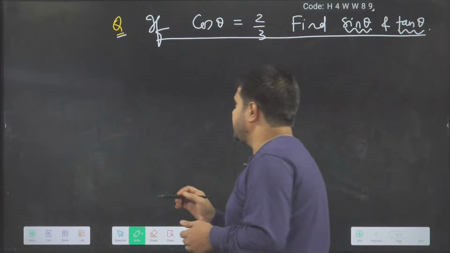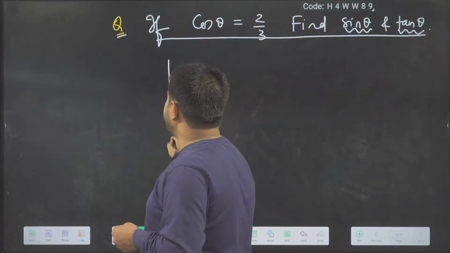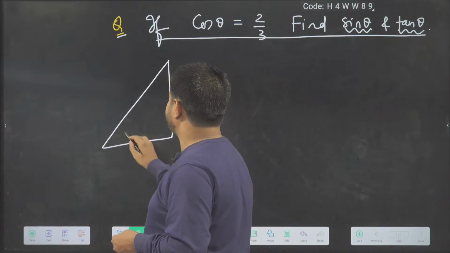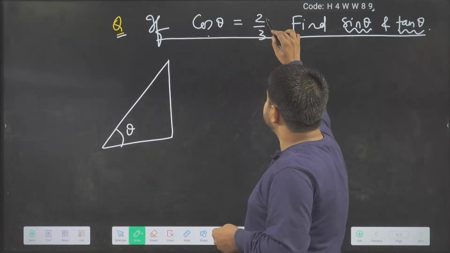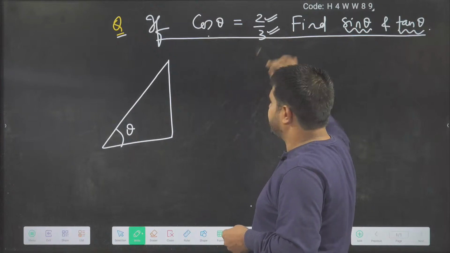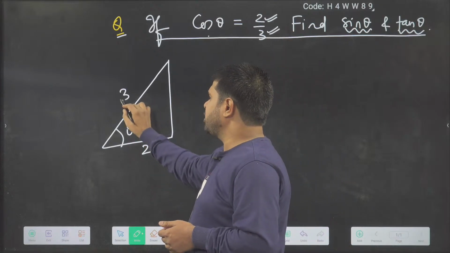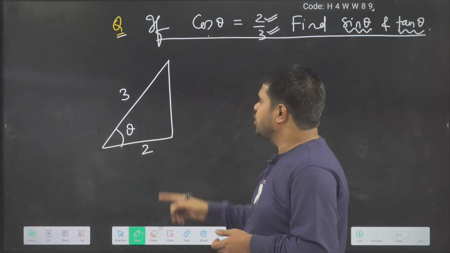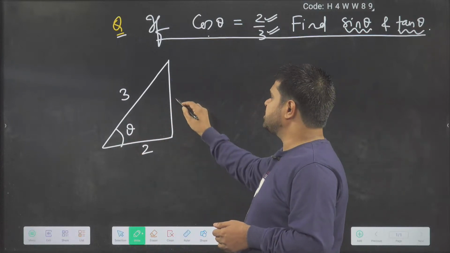So see, cos theta is 2 by 3. Make any right angle triangle and take the angle theta. Cos means adjacent by hypotenuse, so adjacent must be 2 and hypotenuse must be 3. Let's say the third side, which is opposite, is x.